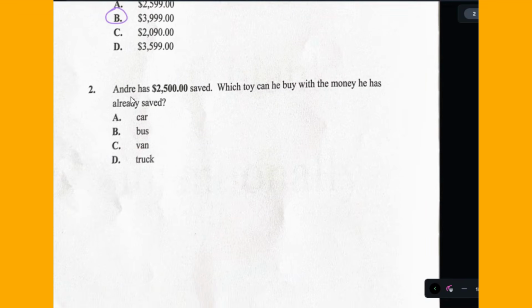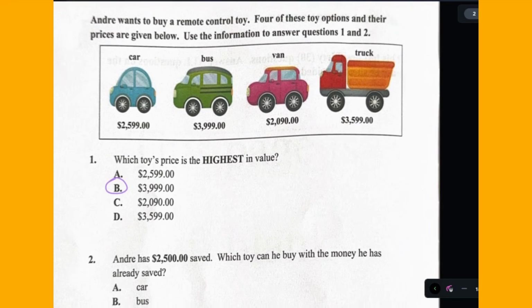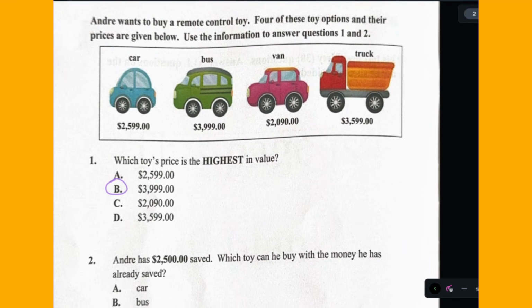Question 2. Andre has $2,500 saved. Which toy can he buy with the money he has already saved? Now, if he has $2,500, he will only be able to buy a toy which has a price that is equal to or less than 2,500.